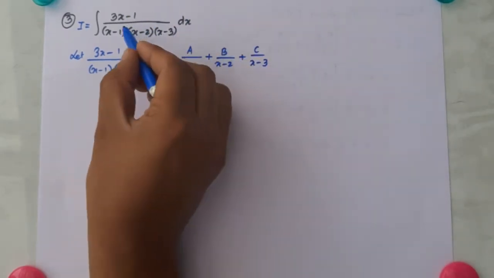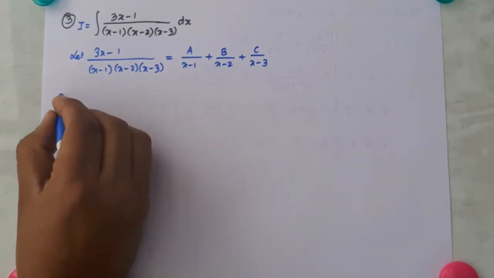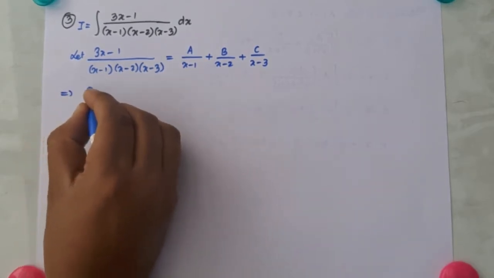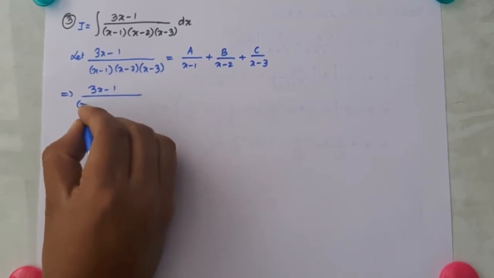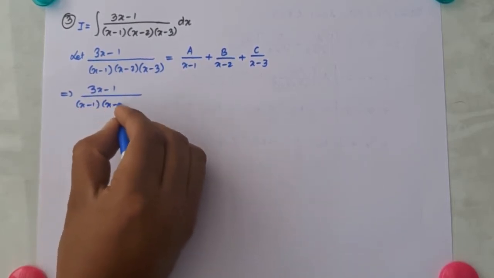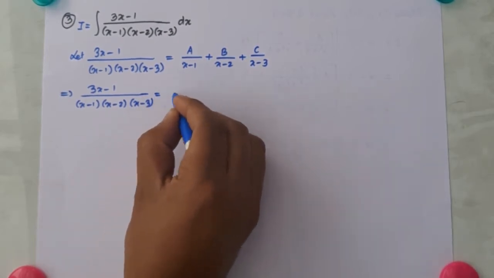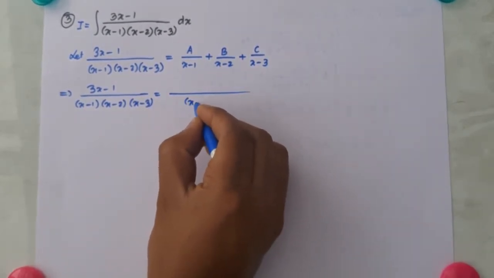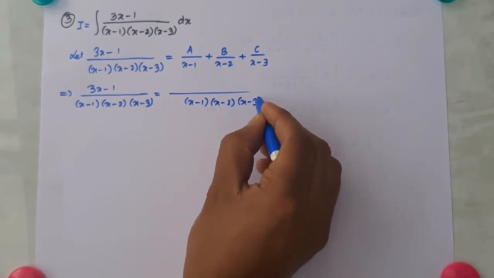You always need to look at the denominator, no need to worry about the numerator. So 3x minus 1 is there, in the denominator (x minus 1) into (x minus 2) into (x minus 3). Okay, so here the LCM is (x minus 1)(x minus 2)(x minus 3).